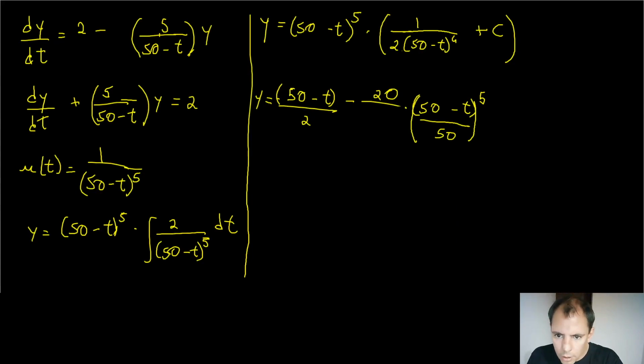Okay, so what is it asking again? How much alcohol is in the tank after 10 minutes? Okay, so after 10 minutes, so y is going to be 40 divided by 220, right? Minus 20 times, in here, we're going to have 50 minus 10, 40, divided by 50 is going to be 4/5.